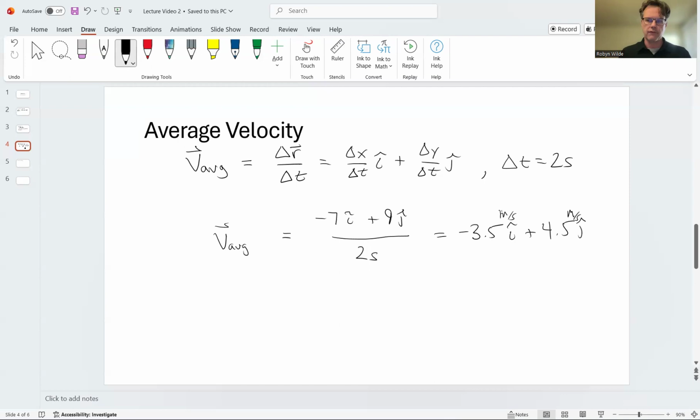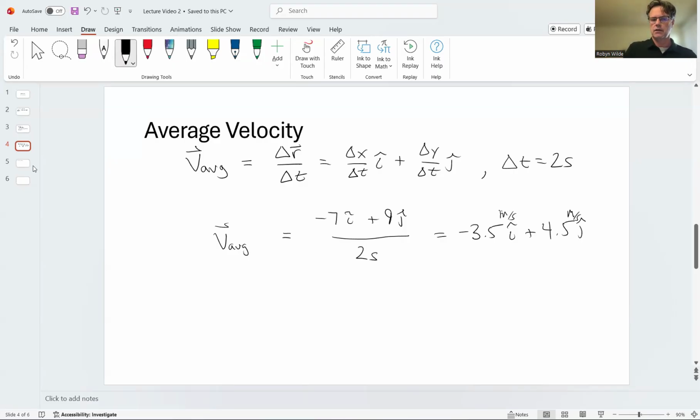Now again, this is an average velocity because over that 2 second interval, I could have moved around a lot. So this is just taking the average velocity over that whole 2 second time, from my final position minus my initial. Right? There are a lot of ways to go from that initial to final. So this is my average velocity.